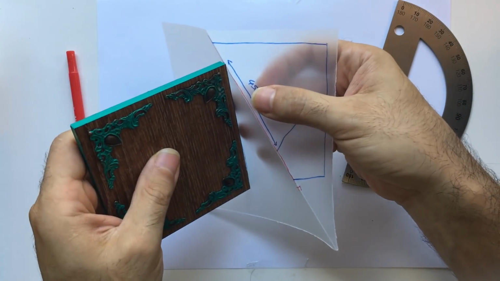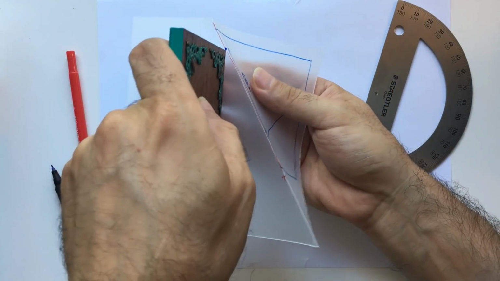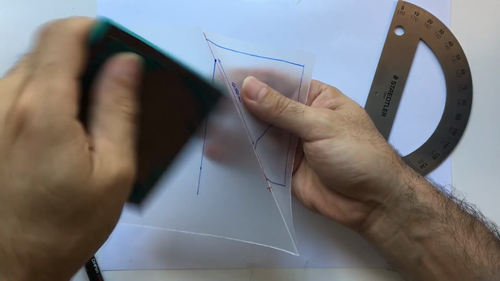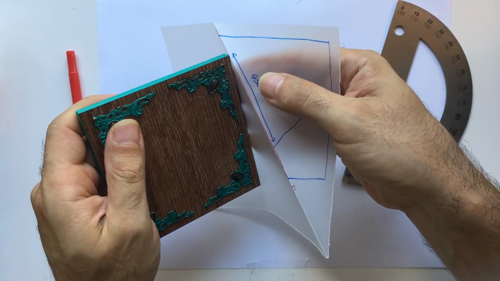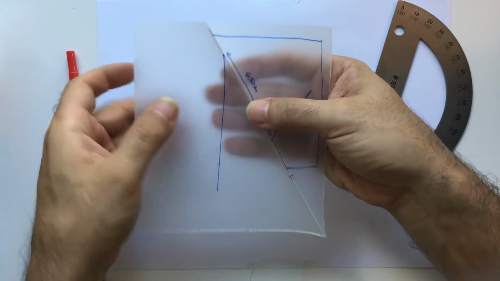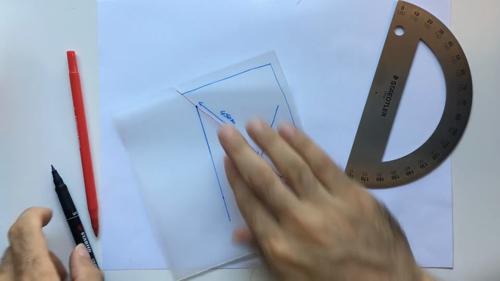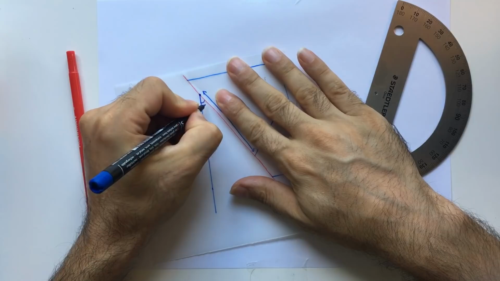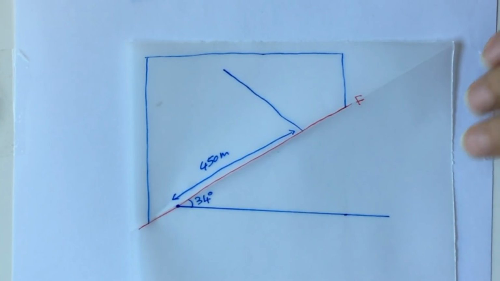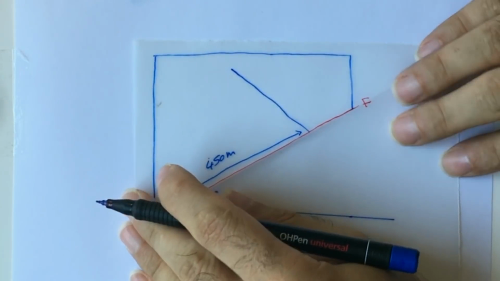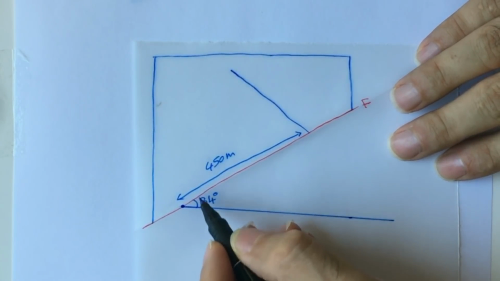This is the trace of the dike on the fault plane, with the strike of the fault, 34 degrees. You can unfold this, it's not going to change anything, and you write down 34 degrees here. So far I have the trace of the dike on the fault plane with an angle of 34.